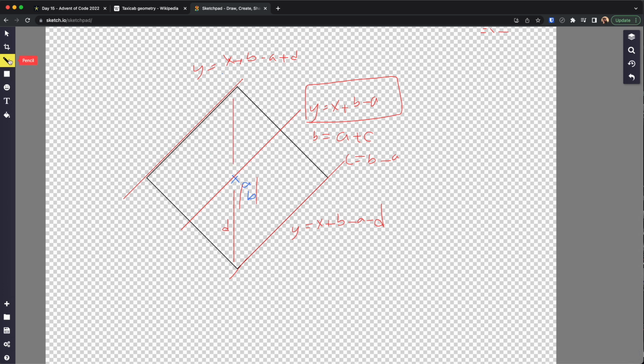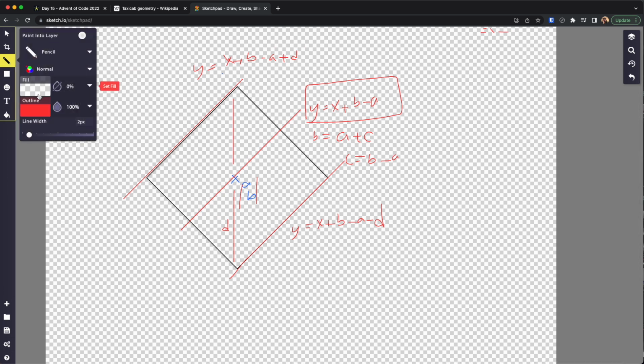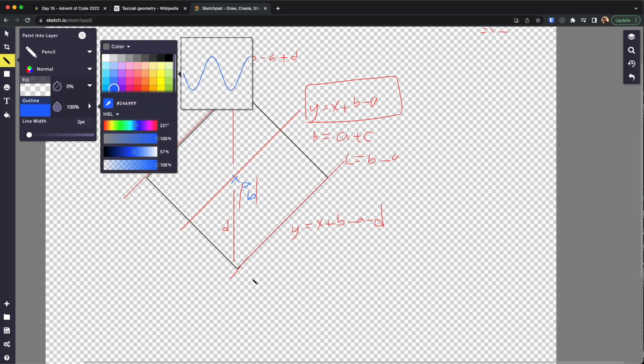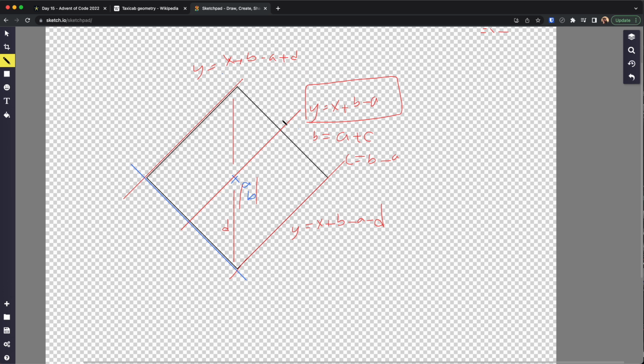And for those that are on the negative side, let's say they are blue. For these ones we can similarly say they are minus x plus b minus a minus d and plus d. So I have these equations for lines, and based on these I can find the single point that is outside of all these lines.